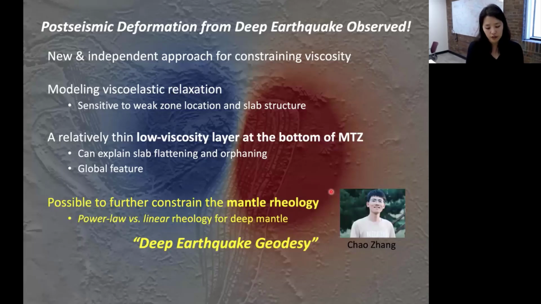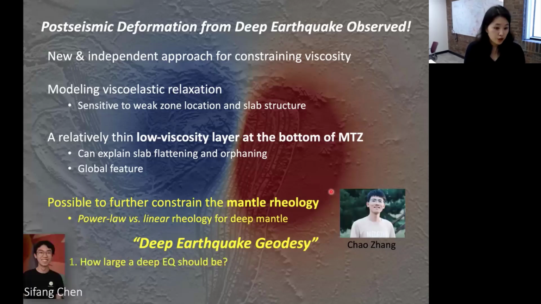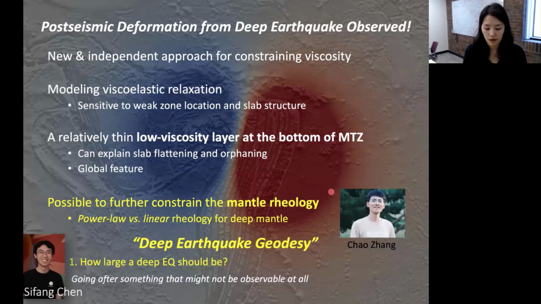For example, my other student, Sifang Chen, is working on the first order question of how large a deep earthquake should be to even be observed, trying to understand the observation threshold and so on. So that's what we are currently working on. And I'll end my talk by saying that going after something that might not be observable at all can be fun and rewarding. Thank you very much.